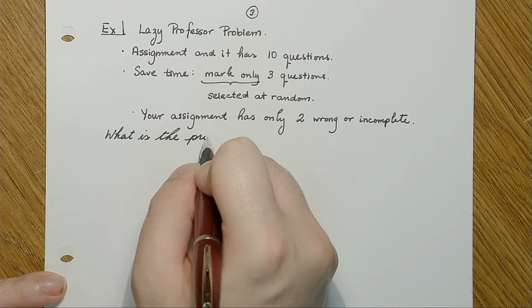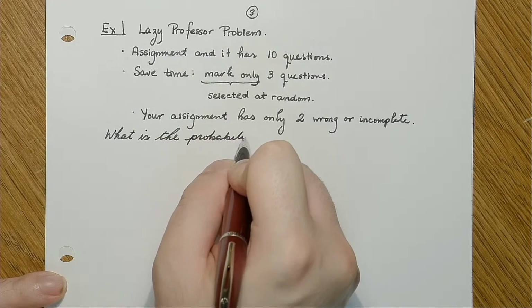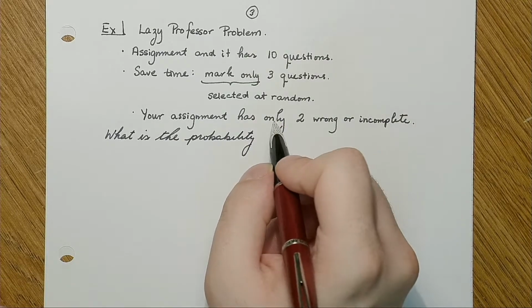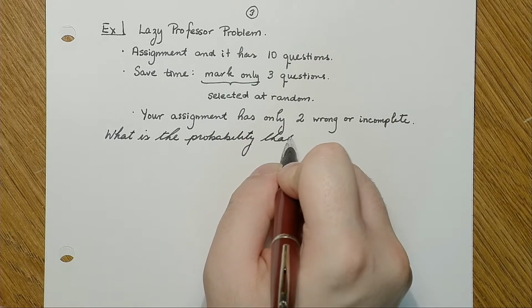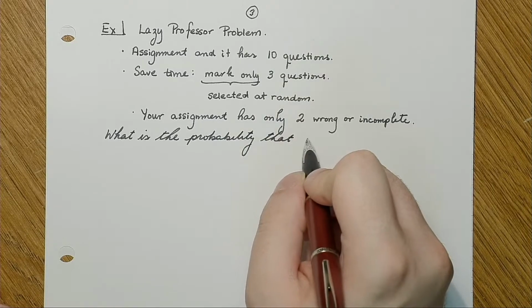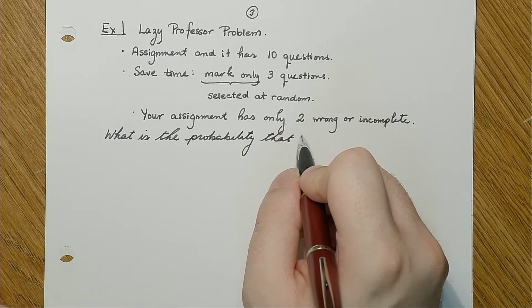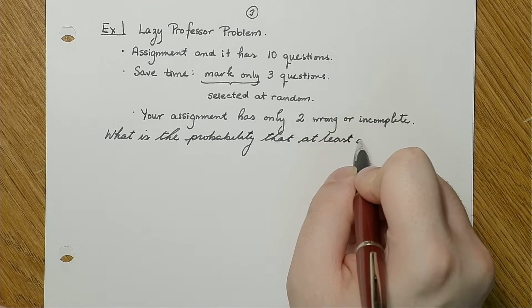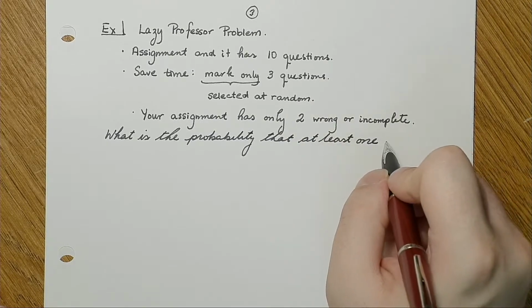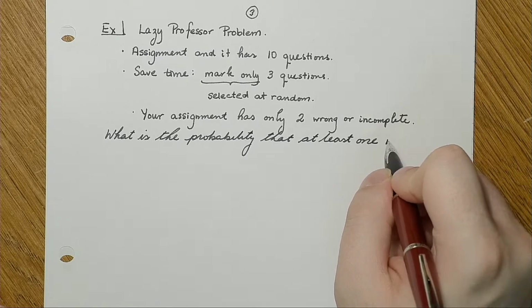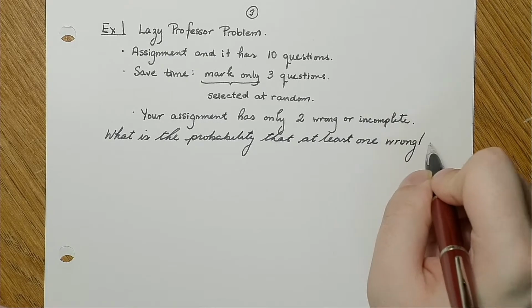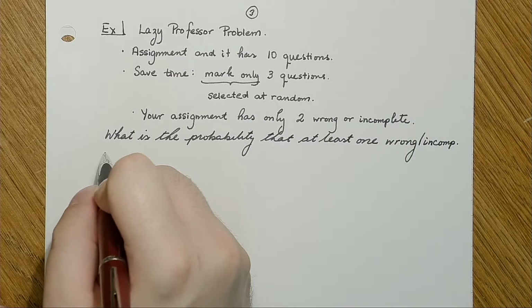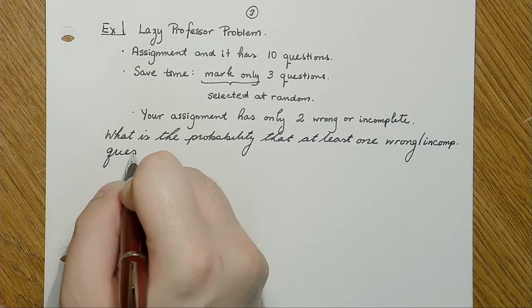What is the probability that at least one wrong or incomplete question is selected?